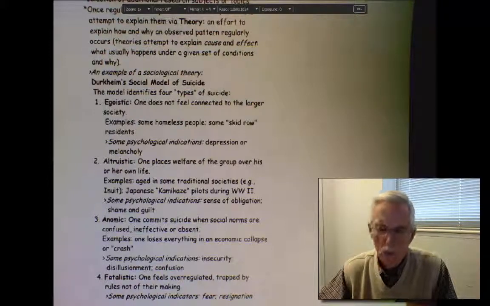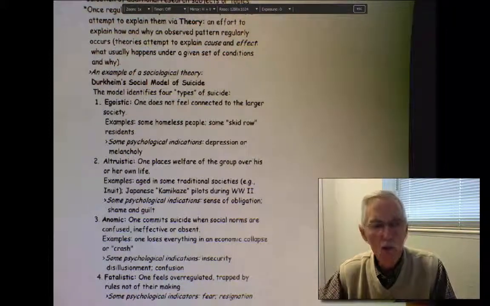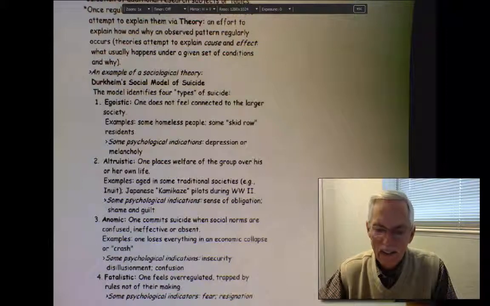Now, remember, Durkheim's model doesn't tell us why a particular person may commit suicide. But his analysis does note that the likelihood of committing suicide decreases with the degree to which one is connected to others.